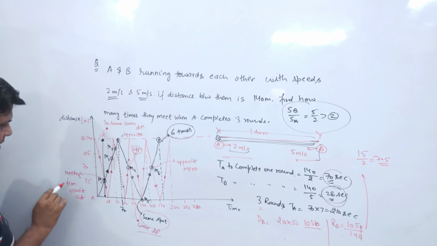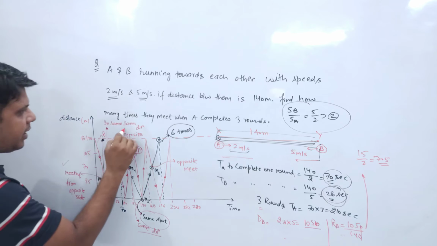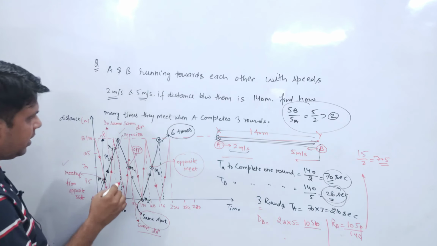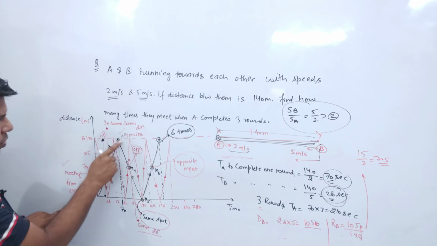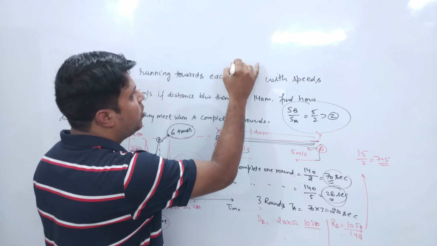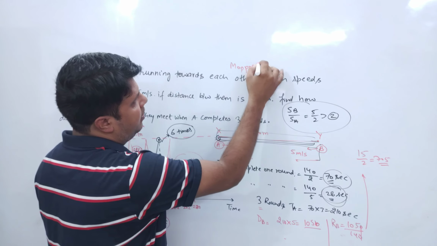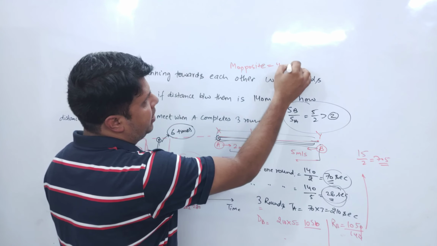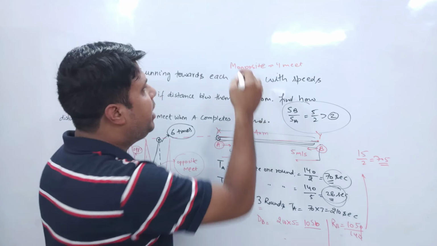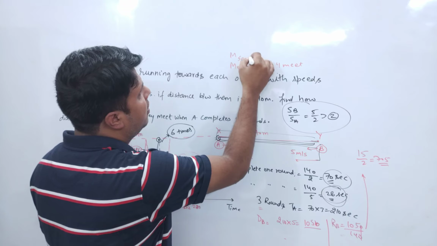This is first, second, third, fourth. 1, 2, 3, 4, 4 meetings will be from the opposite direction. ठीक है, तो opposite direction से will be having 4 meetings, and same direction से we'll be having 2 meetings also.